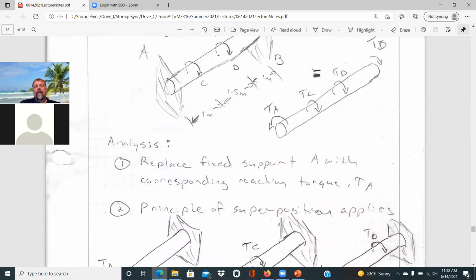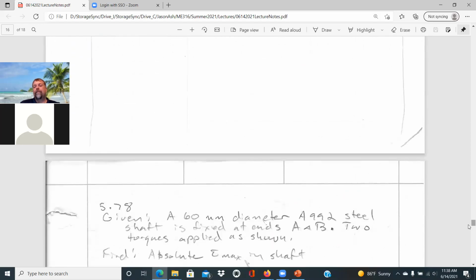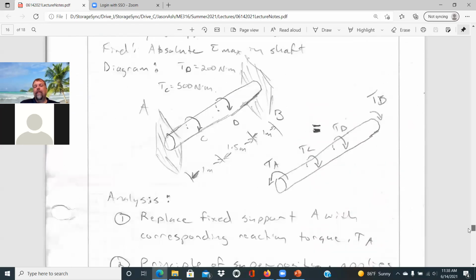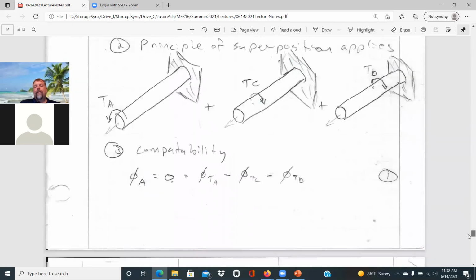again, the torque at A would be for that full 3.5 meters of length. The torque at C would be for 2.5 meters of length, and the torque at D would be for that remaining 1 meter of length. And so from a compatibility standpoint, we know that the twist at A is equal to 0, since that's a fixed support.